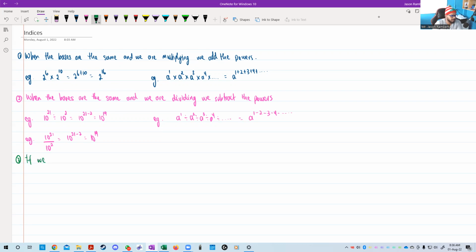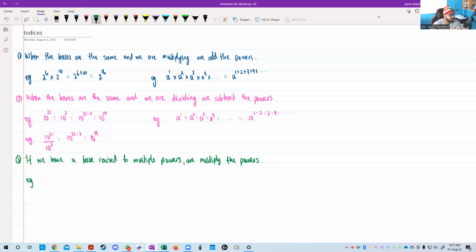If we have a base raised to multiple powers, we multiply the powers. Now, it doesn't matter what the base is.